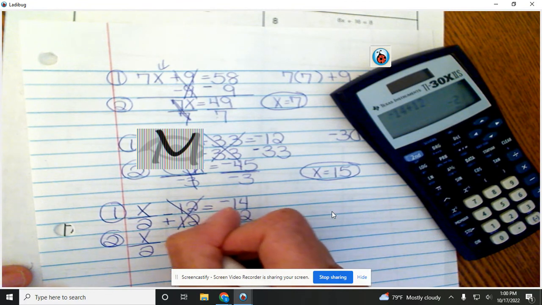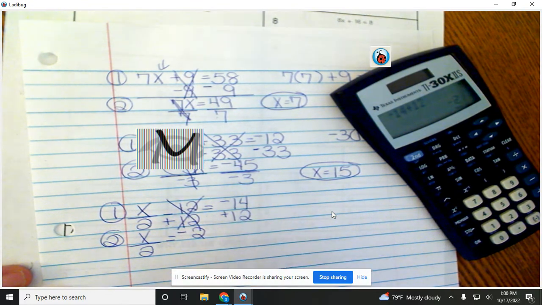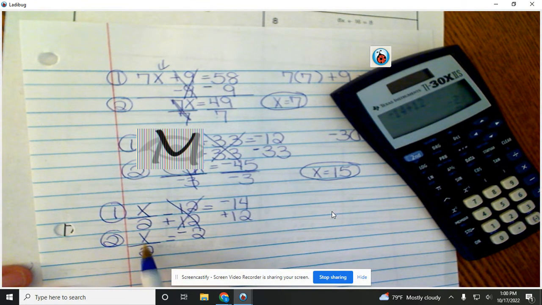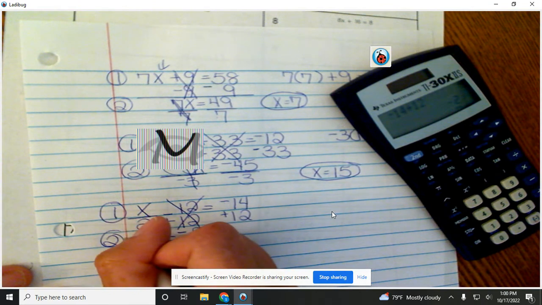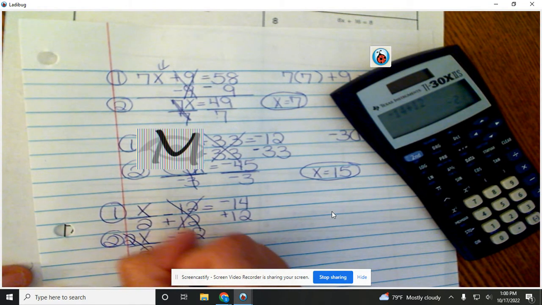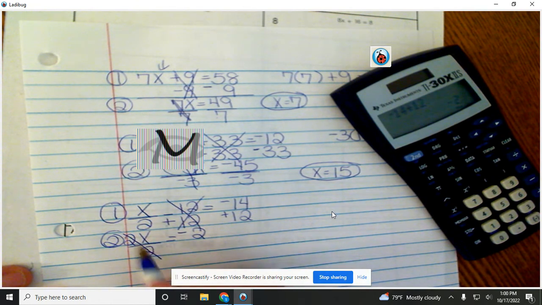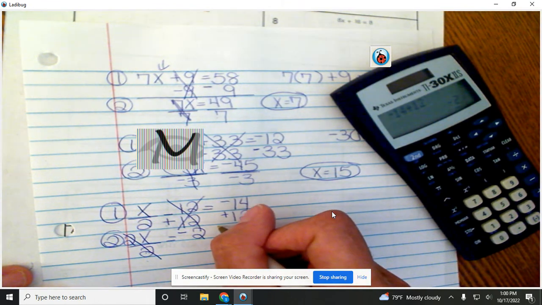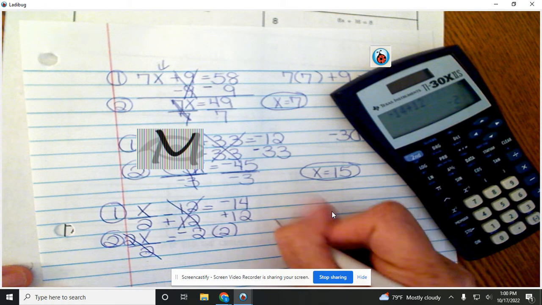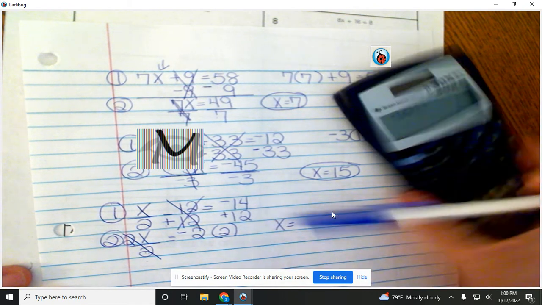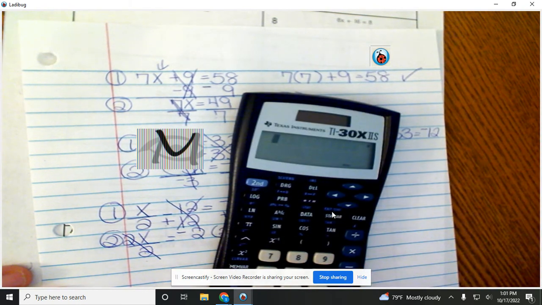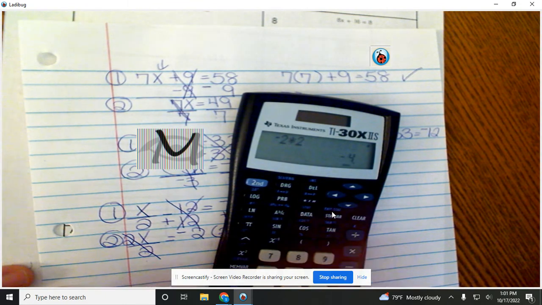So this gives me negative 2. But I still need to get x by itself. So I'm going to multiply this by 2 because we know the opposite of division is multiplication. And whatever I do to one side, I have to do to the other. So I'm going to multiply this by 2, which gives me x equals negative 2 times 2, which gives me negative 4.